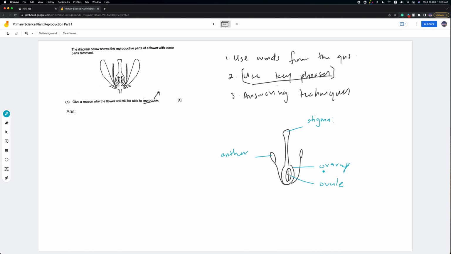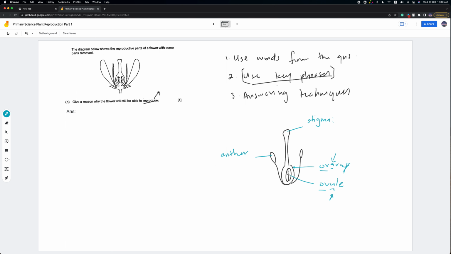Now, a lot of students get confused between which one is ovary and which one is ovule. They sound the same, and they spell almost the same. The first two letters are the same, but the third letter is different. Ovary has A as the third letter, and ovule has U as the third letter.